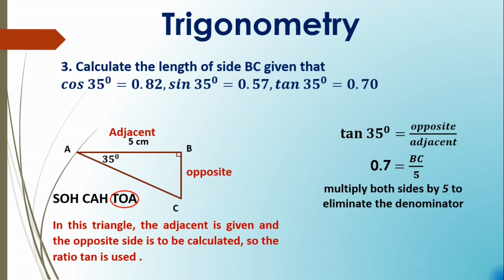Here we are going to multiply both sides by 5 in order to eliminate the denominator on the right-hand side. So 0.7 times 5 equal to BC over 5 times 5 on the right-hand side, where the 5 will get cancelled. We will be left with BC equal to 0.7 times 5, which is, of course, equal to 3.5 centimeters.